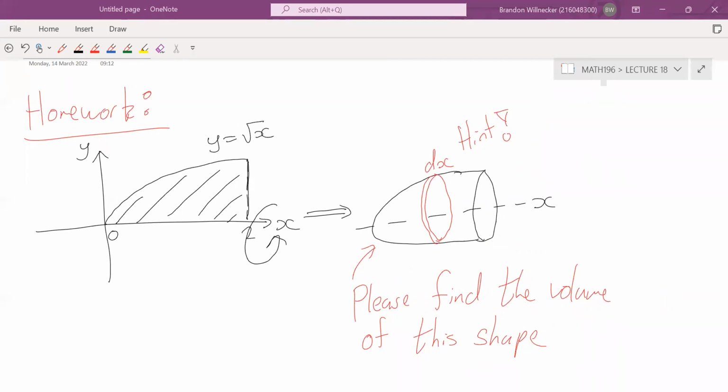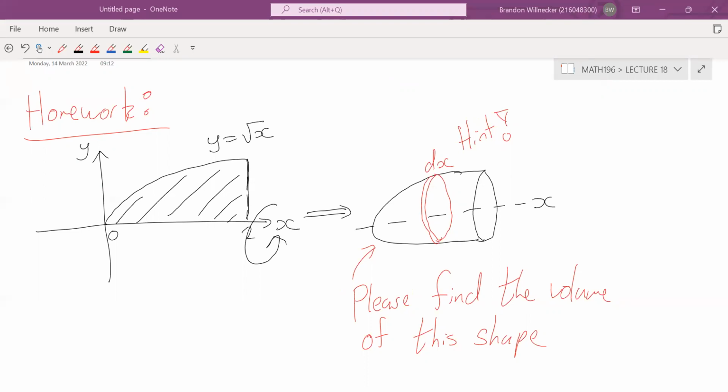Is there anyone that still has questions about the method that we use? Is everyone comfortable with drawing the shape, slicing it into layers, and then finding the volume? Sir, is there any other method?